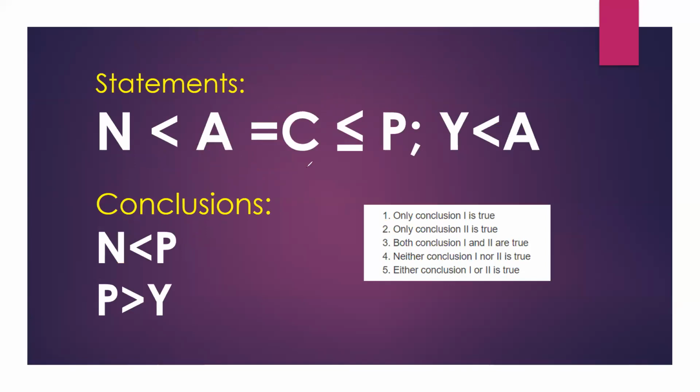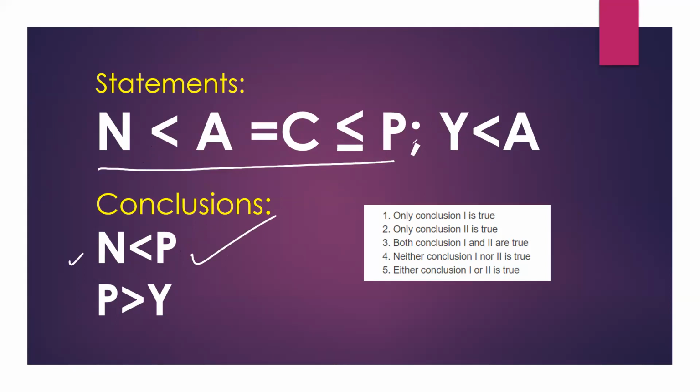Now here there are two statements, statement 1 and statement 2. Based on that we have to conclude. When we have to use these statements, we can definitely do this one. N is smaller than P, correct. For doing this, we have to combine these. It says between P and Y, but directly P and Y are not related.